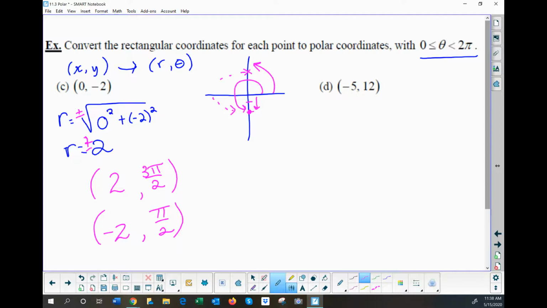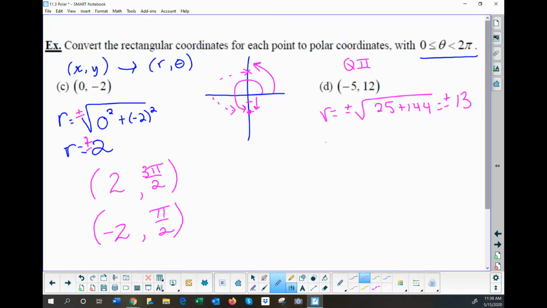Alrighty, we want to get to xy. I know this is a quadrant 2 value or location. So r plus or minus the square root of 25 plus 144 gets us to plus or minus 13.